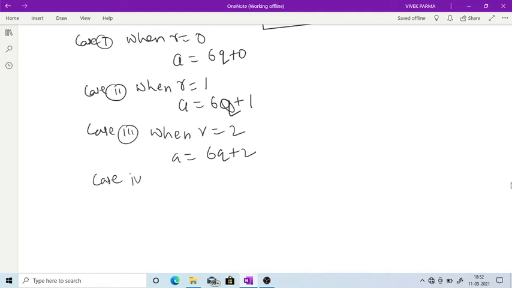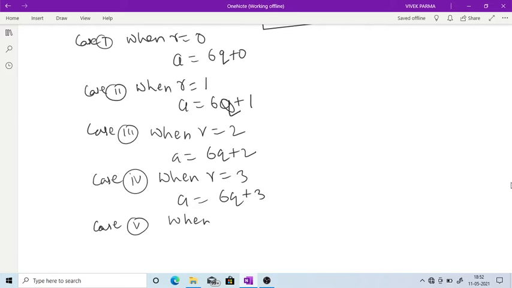For case 4, when remainder equals 3, a equals 6q plus 3. For case 5, when remainder equals 4, we have a equals 6q plus 4, right?